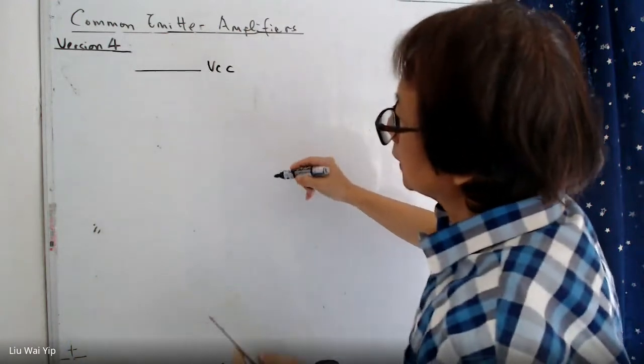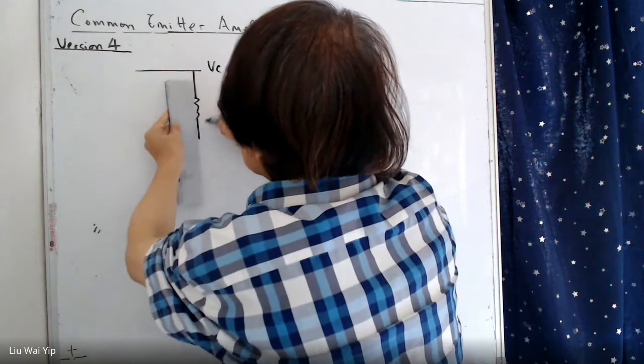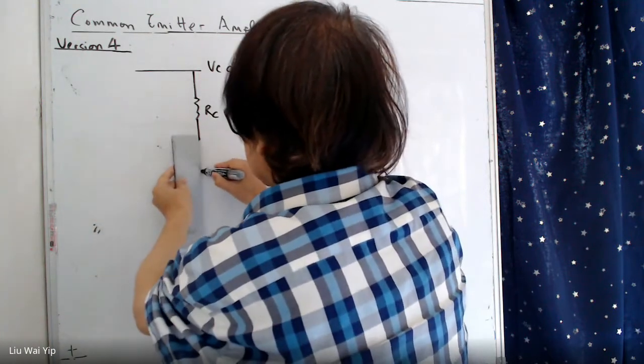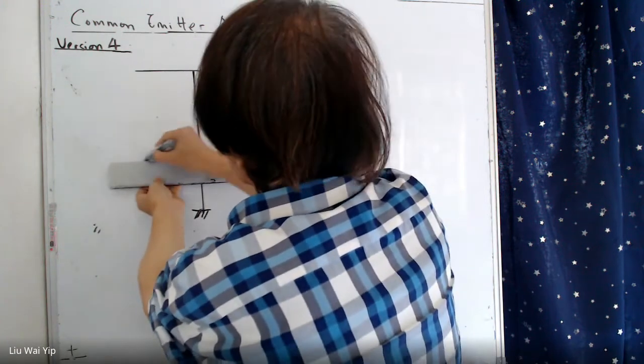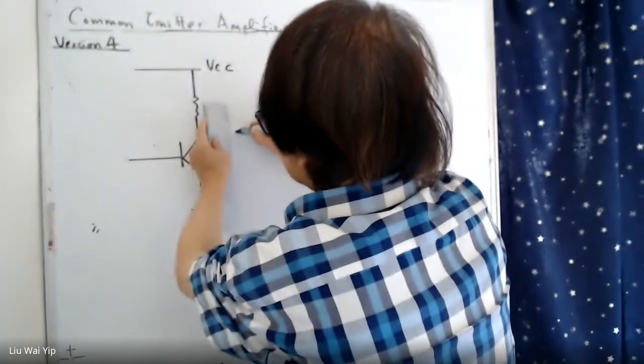VCC. And then let's copy the collector network. And again, the output is to be tapped here through a capacitor.